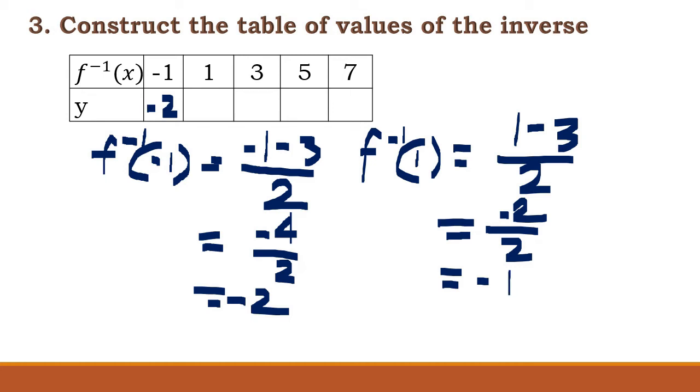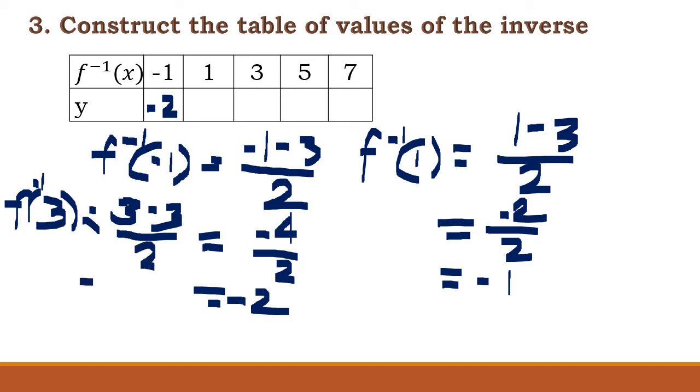Next, f raised to negative 1 of 3 is equal to 3 minus 3 over 2. 3 minus 3 is 0 over 2. So 0 divided by 2 is equal to 0.